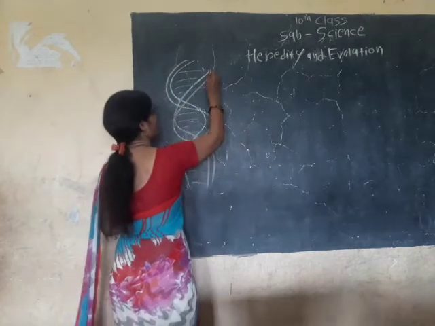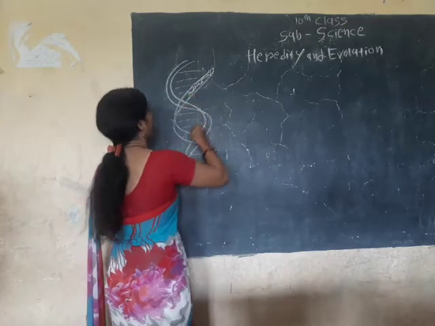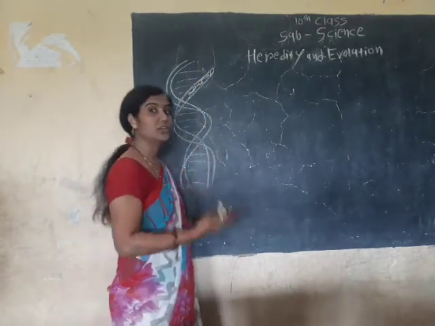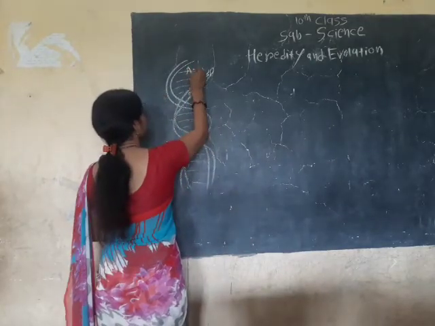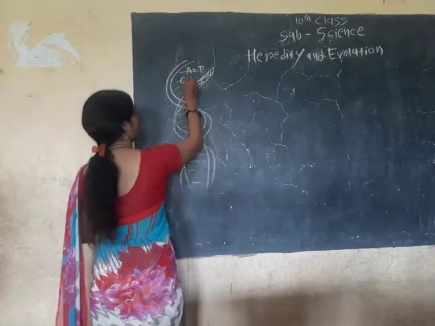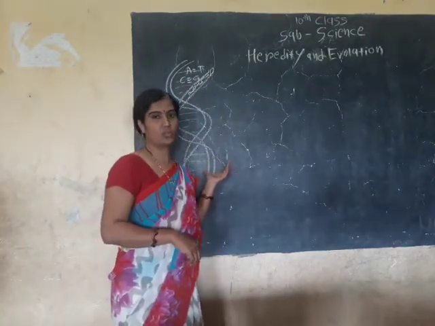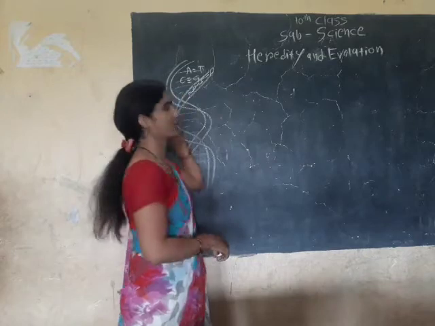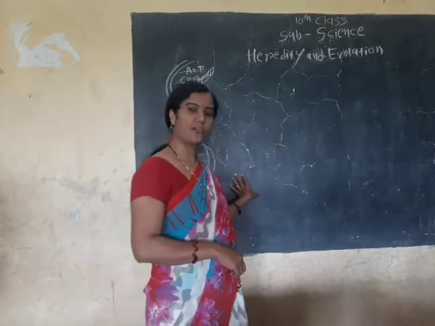Here, phosphate and sugar bonding is present, and nucleotides are present like adenine, thymine, cytosine, guanine. These are the nucleotides present on the DNA. That is the structure of DNA.